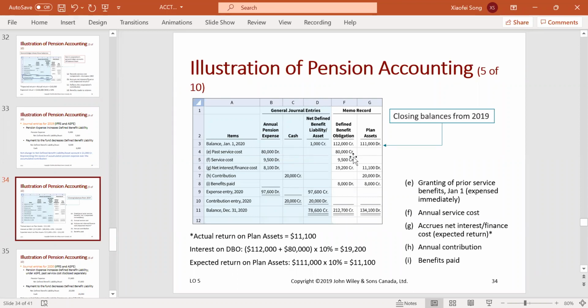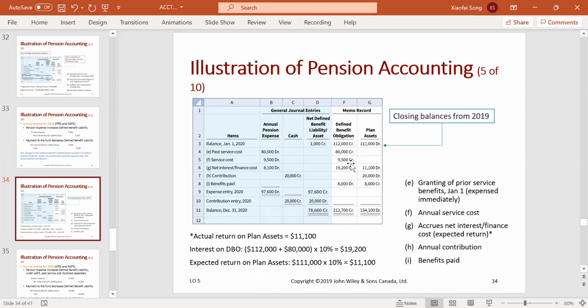It will increase defined benefit obligation, that's a liability. Increasing a liability is a credit. So that's a quasi-journal entry. And current service cost, similar, 9,500 debit to pension expense and credit to defined benefit obligation.